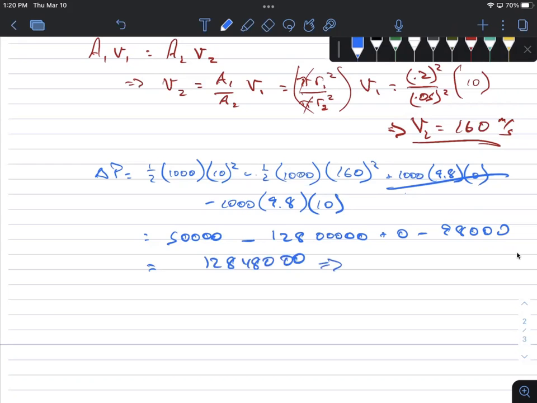Or it looks nicer if you put it into scientific notation. 1.28 times 10 to the 1, 2, 3, 4, 5, 6, 7 pascals. It happens to be negative. And all that means, a negative answer is fine. All it means is that the pressure in the second location is this much less than the pressure at the beginning.